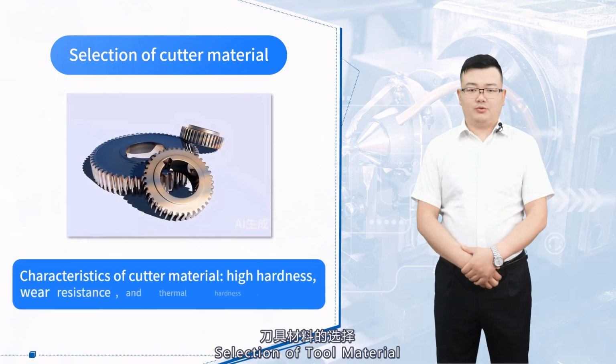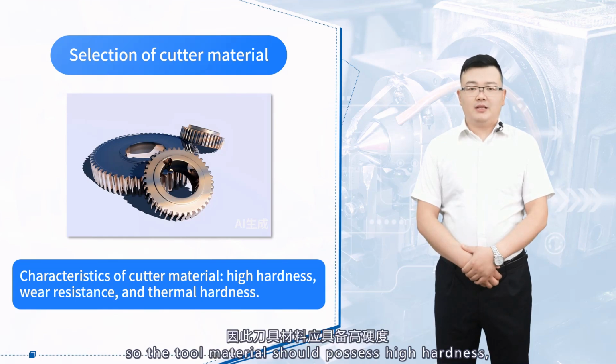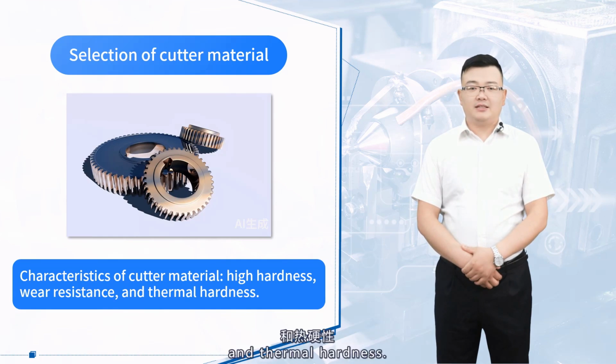2. Selection of tool material. The gear shaper cutter must withstand significant cutting forces and cutting heat during operation, so the tool material should possess high hardness, wear resistance, and thermal hardness.